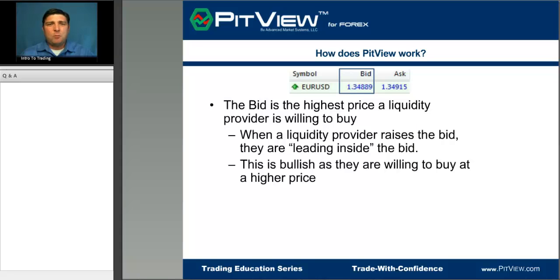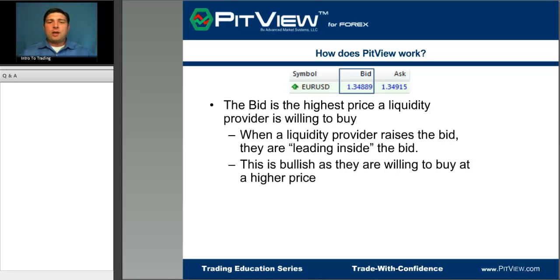We have to think more like professionals and less like retail traders, because I know some of you out there are probably more used to looking at your charts and your various technical indicators in the market, but many people don't look at their Forex trading platform and actually look at the bid and ask price as being relevant. But if you're a professional, you know that everything is relevant when it comes to that bid and ask price. And let me show you how.